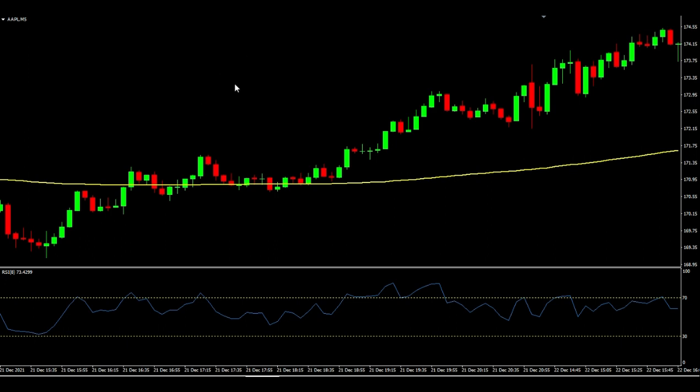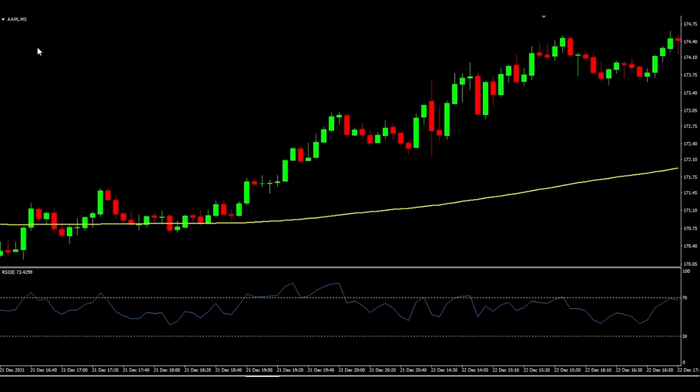The first thing we will do is see where the 200 period moving average is and where the price is going. You can see the candles are above the 200 period moving average, so I will place a line here, and this is telling us to buy.